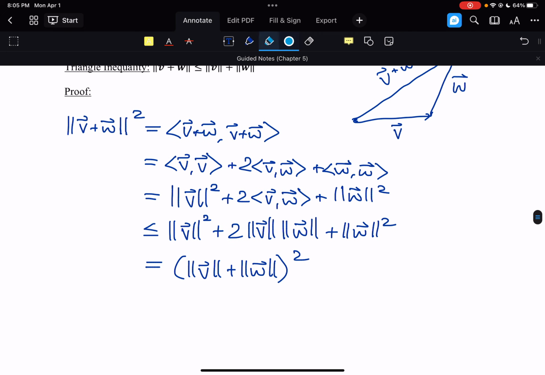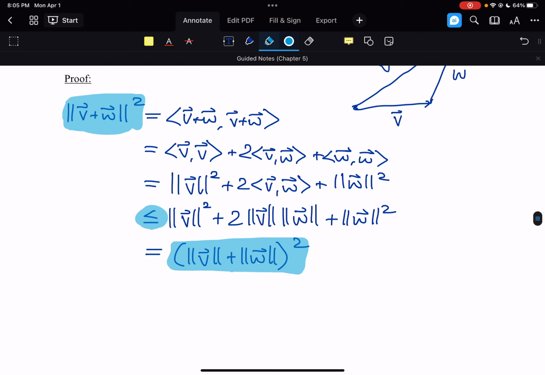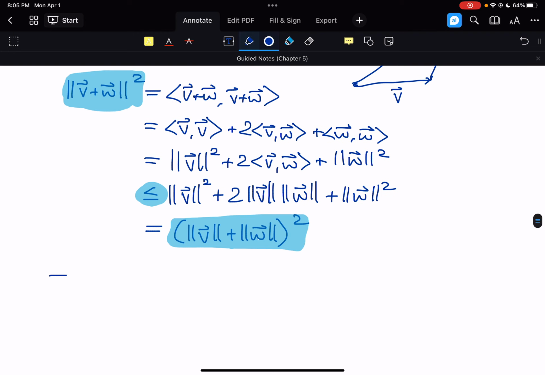So if you look at all we have here, the length of V plus W squared is less than or equal to all of this.